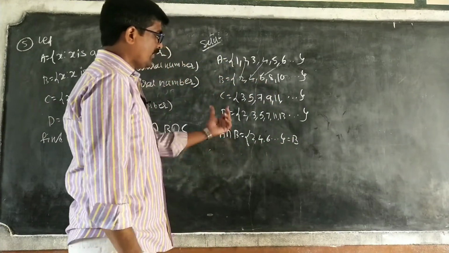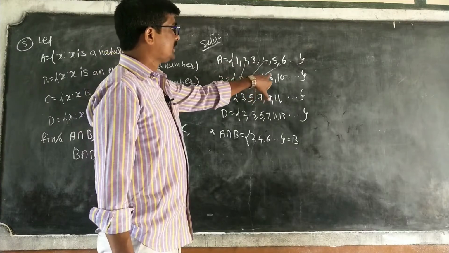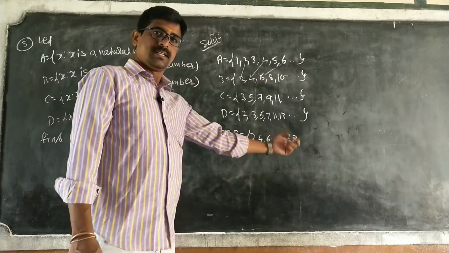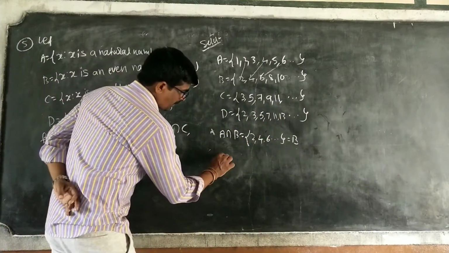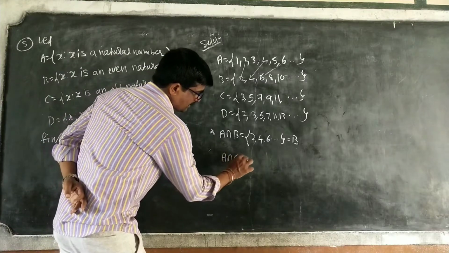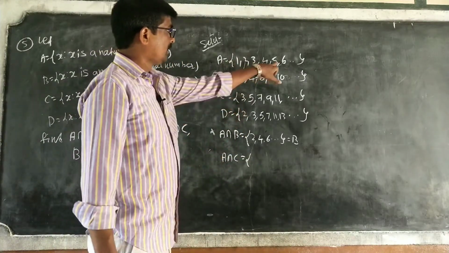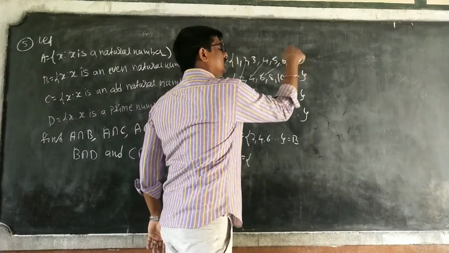A intersection B, we have to write common elements. So in this 2, 4, 6, 8, 10, like that only. We are getting only even natural numbers. Next I am finding A intersection C. Which is common? 3 is common, 5 is common, 7, 9, like that.